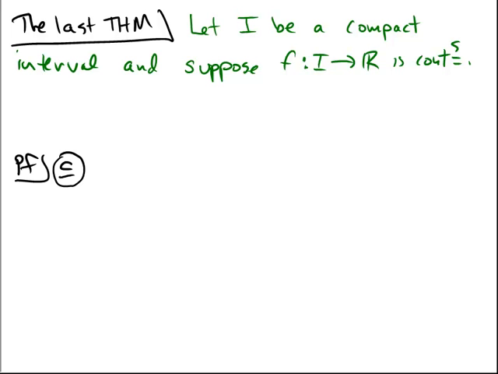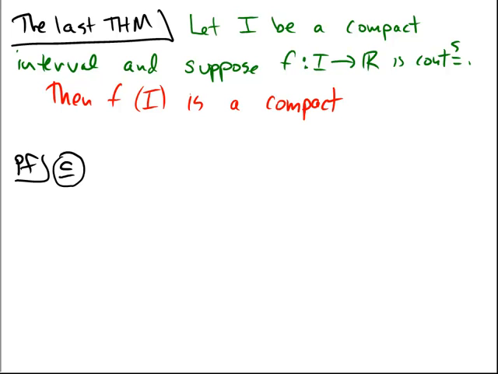Okay, last theorem for this lecture. Let I be a compact interval and suppose f is a continuous function from that interval to r. By the previous theorem, we know that f of I is certainly going to be compact.